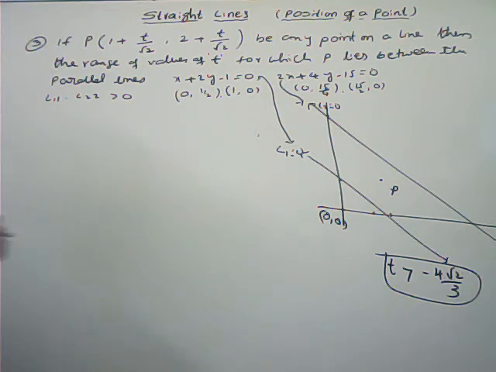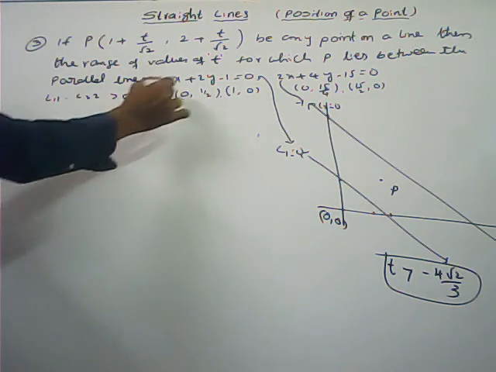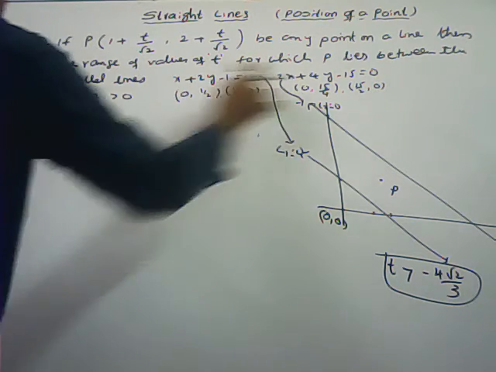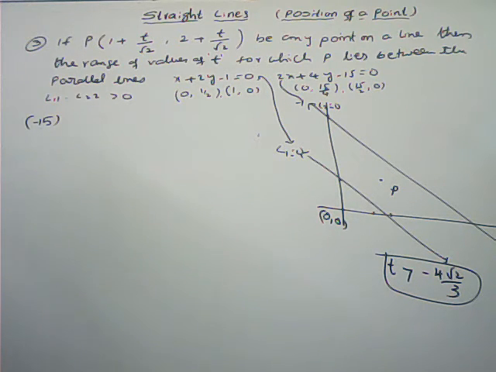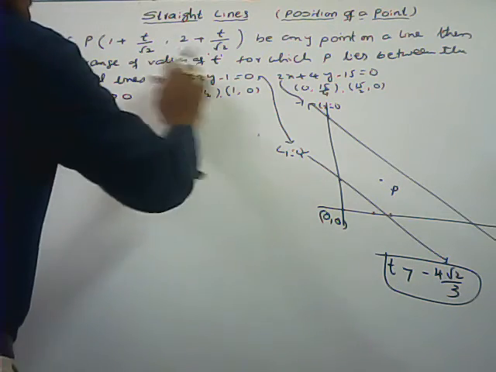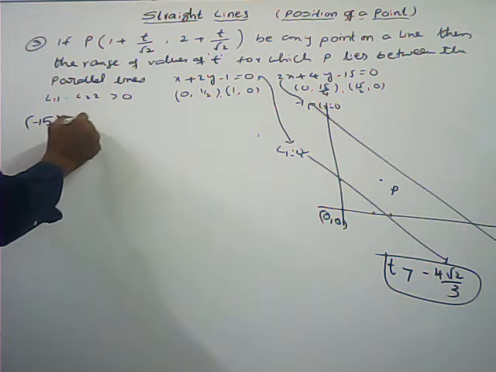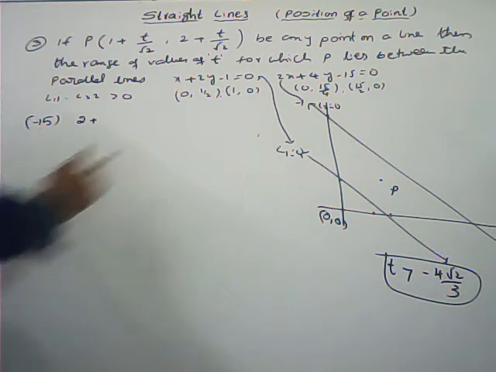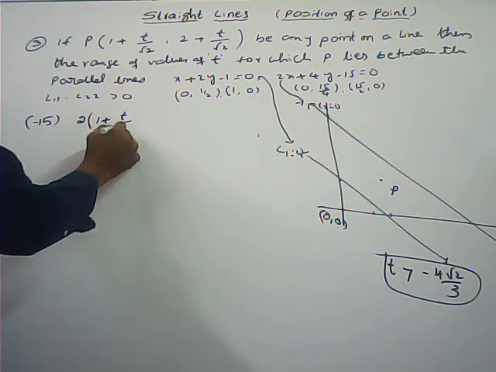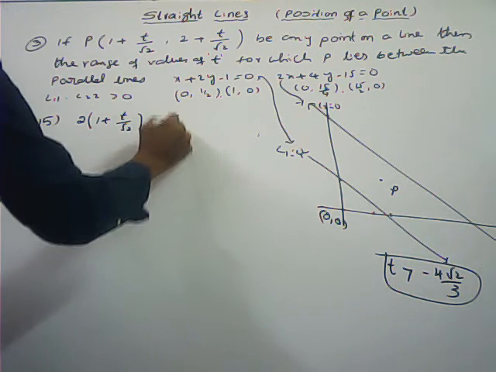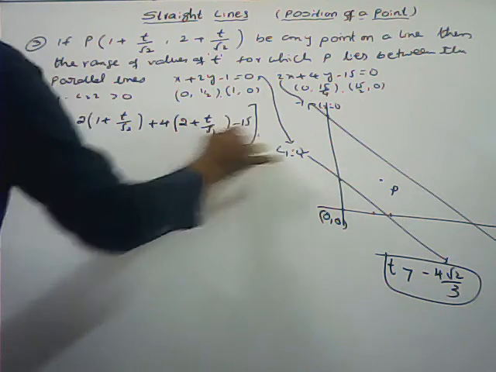L11, if I substitute 0, 0, in this we are getting minus 15, into L22. So these coordinates I am substituting: 2 plus 2 into 1 plus t by root 2, plus 4 into 2 plus t by root 2, minus 15.